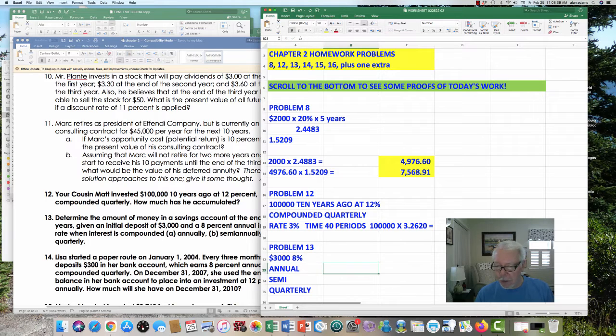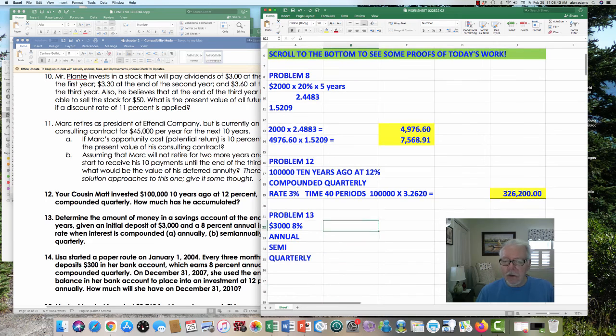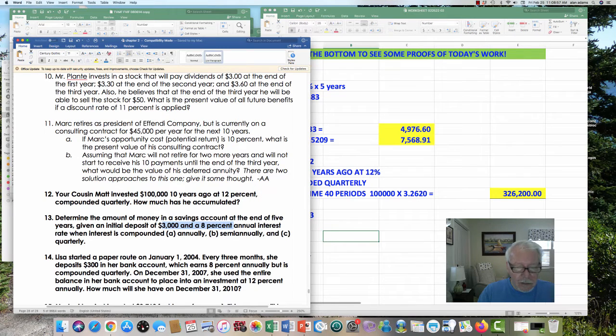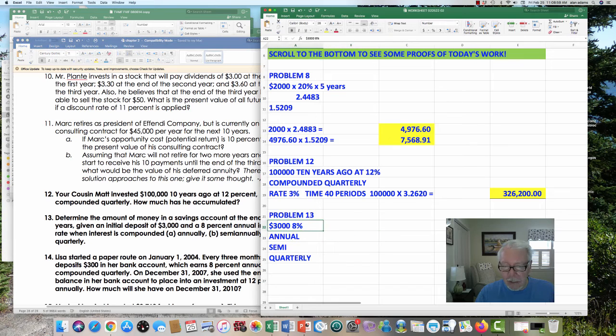Semi-annual, of course, is twice a year. Quarterly is 4 times a year. That means we know how to do this already if it's annual. We simply go to table number 1 and look up 8% for how many years? End of 5 years, okay? Let's add that right to here.